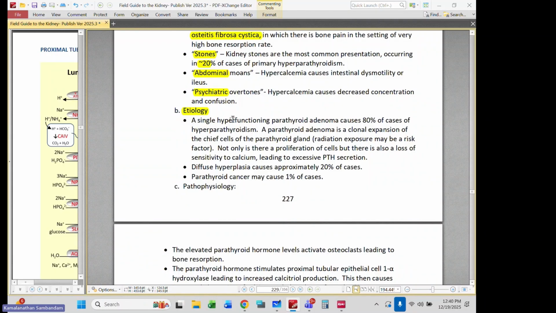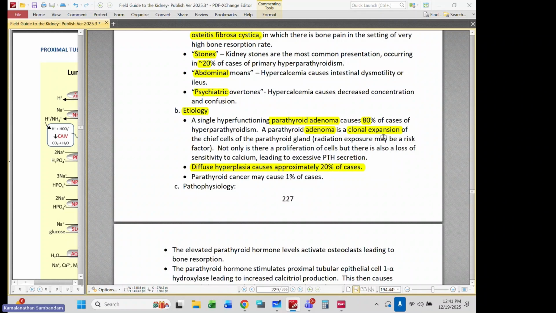Etiology, again, can be from the adenoma, which is the most common cause, right? In 80%, you're going to see a single adenomatous lesion within the four glands. Or you may have the four-gland hyperplasia, the diffuse hyperplasia in the remaining cases. So I mentioned here in adenomatous tissue, there is this somewhat disordered cell cycle regulation.